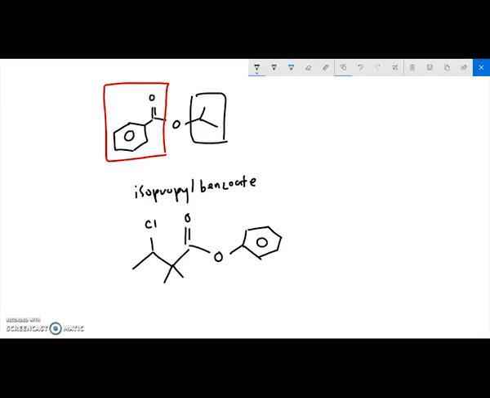So again guys, you need to make sure that you should be able to identify which part is the carboxylic acid and also which part is alcohol. Again, all of the carboxylic acid part must consist of the C double bond O. So let's number this first. Number 2, number 3, and also number 4. Therefore, the name will become butanoate.